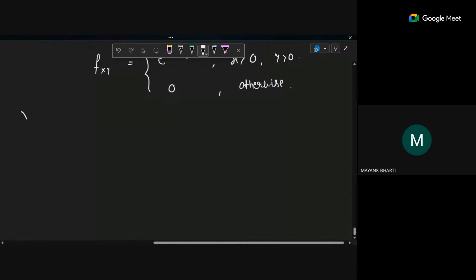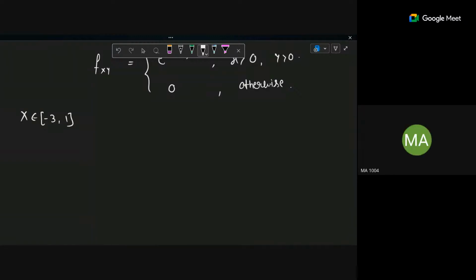In lecture 5.1 the question is there, briefly explained by the professor. x is ranging between -3 to 1 and your y is equal to x square. The same question the professor has discussed in the lecture, and we have also discussed it twice in previous lectures. So just please take it.